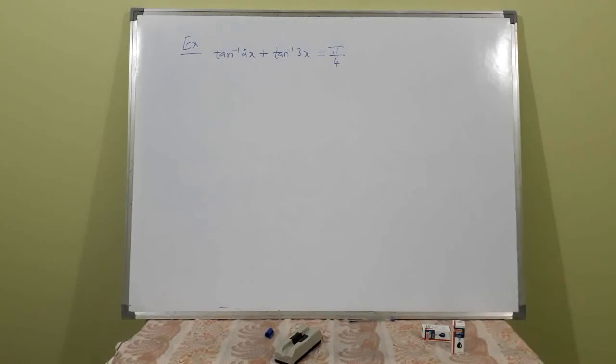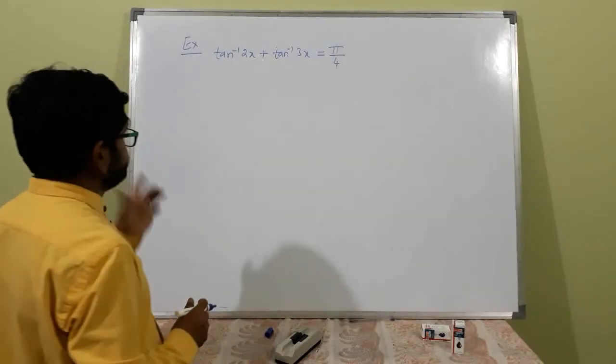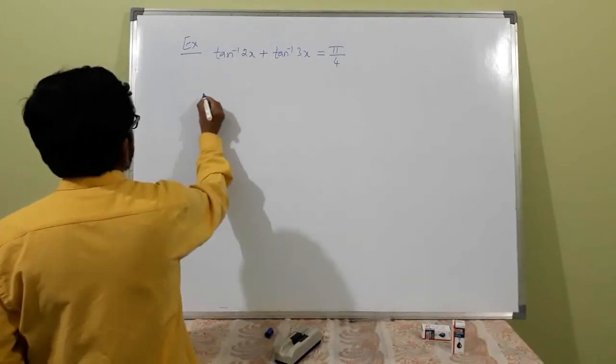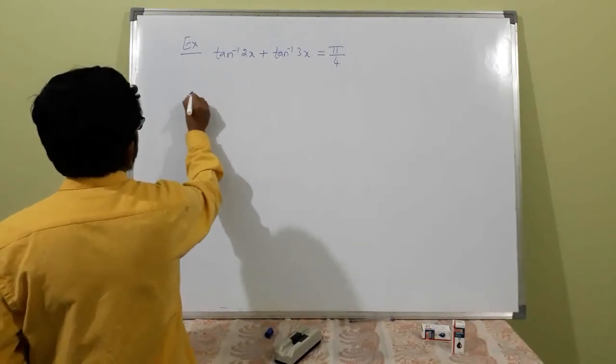So another example: tan inverse 2x plus tan inverse 3x is equal to pi by 4. You have to find the value of x, or you have to solve this equation. See, tan inverse x plus tan inverse y.